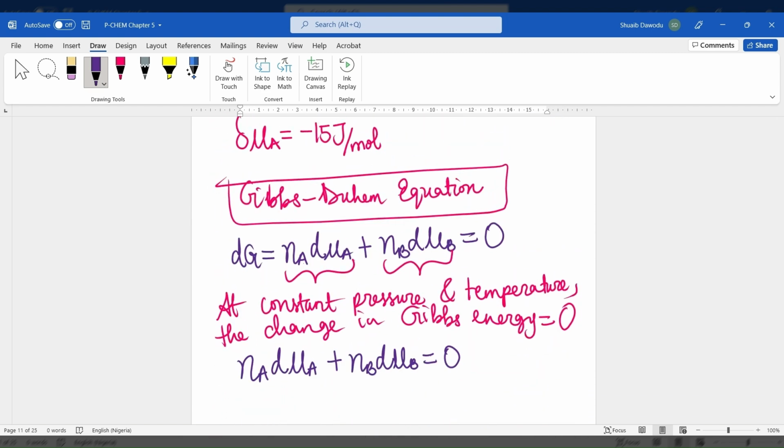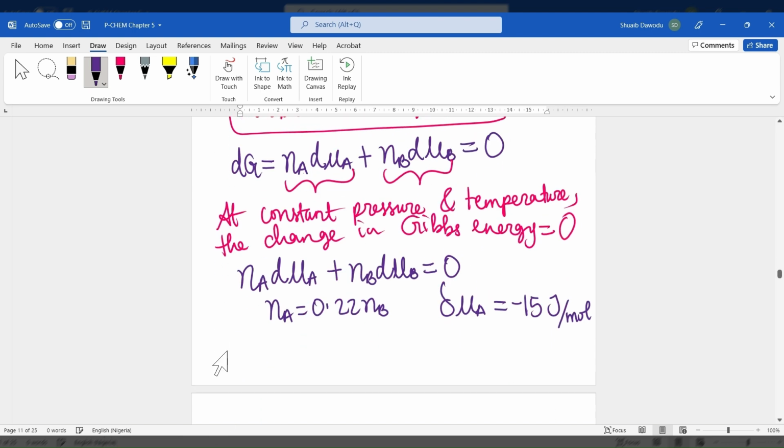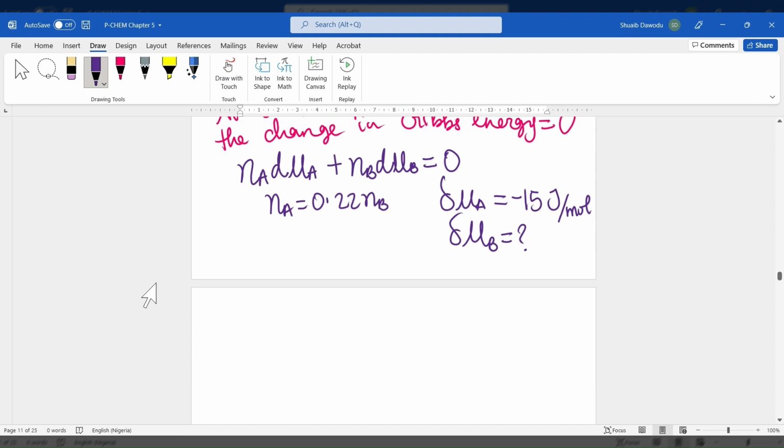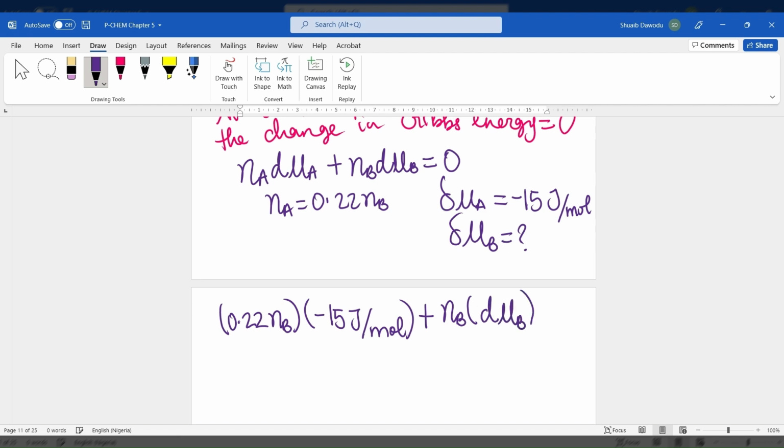We know n sub A is 0.22 n sub B. We know the change in chemical potential of A is negative 15 joule per mole, and we're looking for the change in chemical potential of B. So 0.22 n sub B multiplied by negative 15 joule per mole, plus n sub B multiplied by the change in chemical potential of B, equals 0.